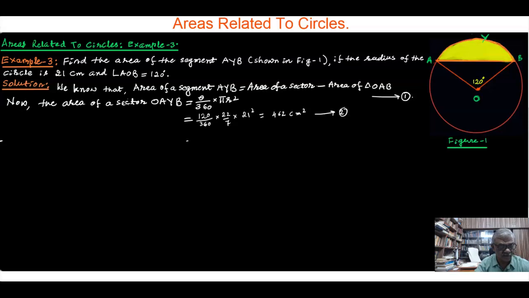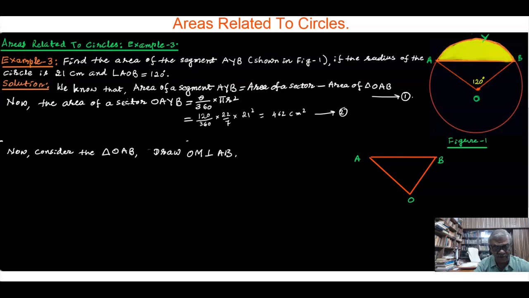And now consider the triangle OAB in this figure, which I have taken outside the circle. In this, let me draw OM perpendicular to AB, as in the figure.